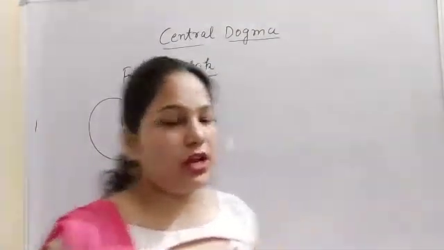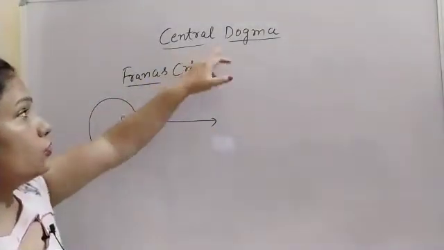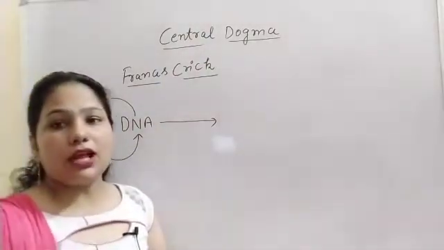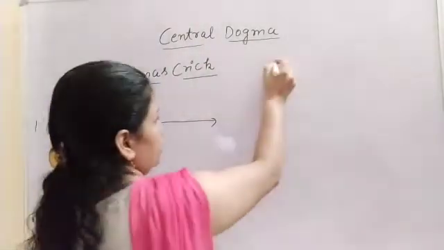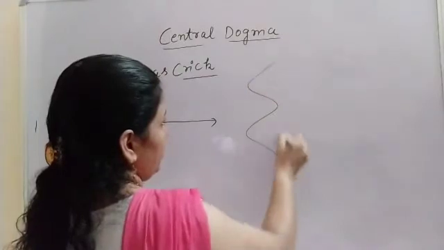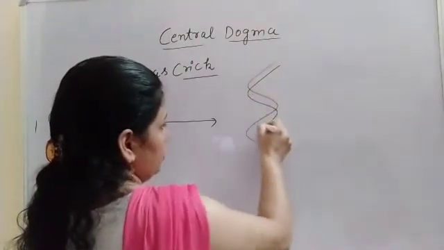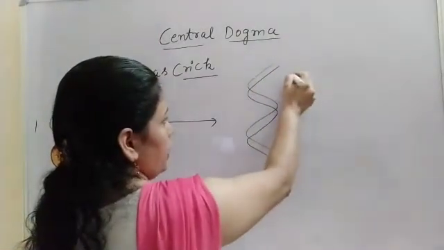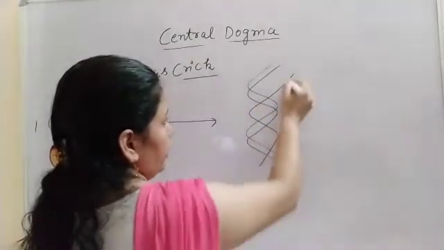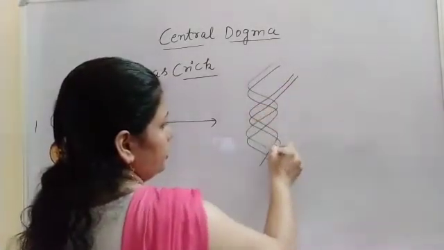So let us understand central dogma. Firstly, the double helical structure of DNA. DNA has the double helical structure. This is one strand and that is the other strand.